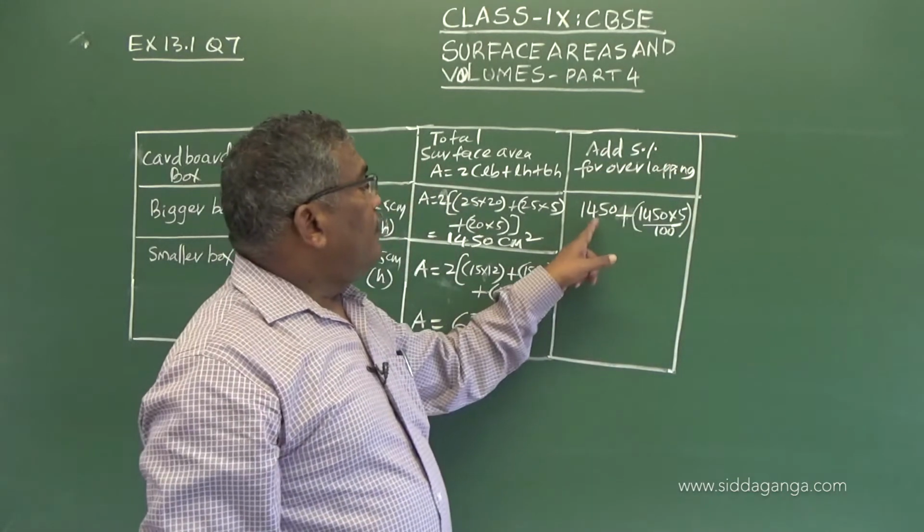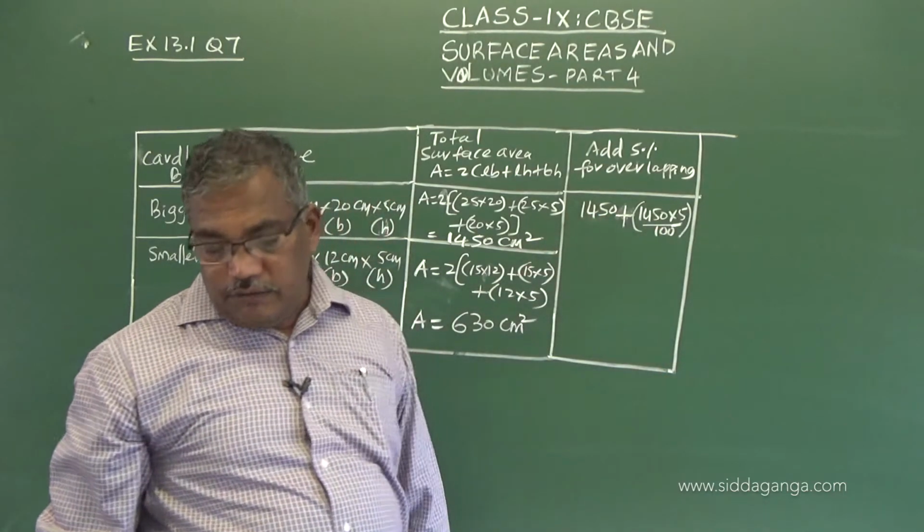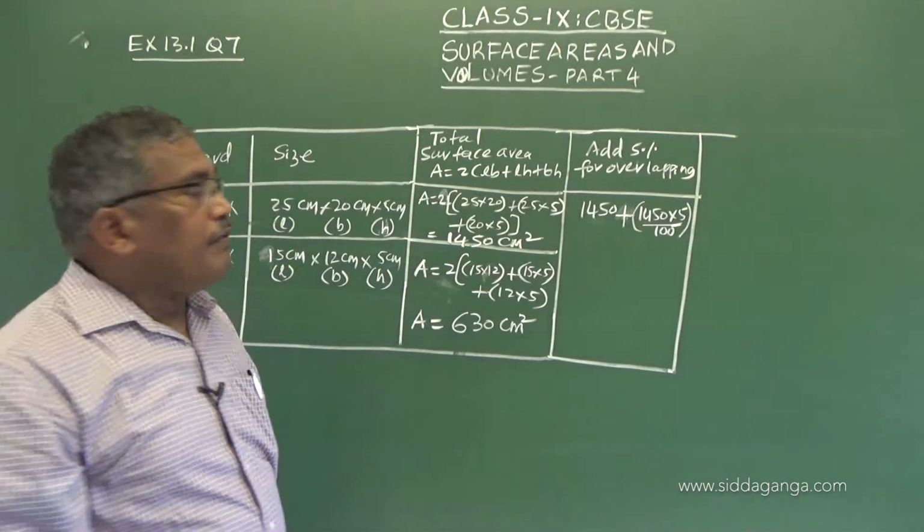So 10% means it is 145, 5% means you will get 72.5.